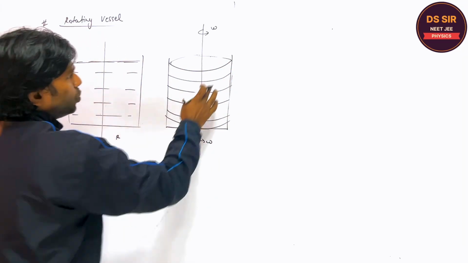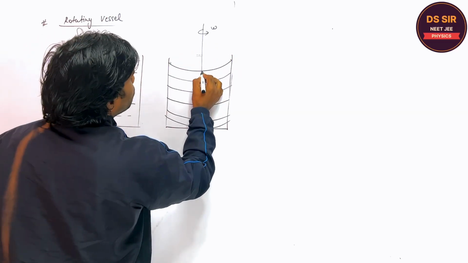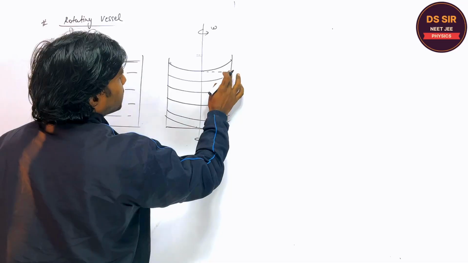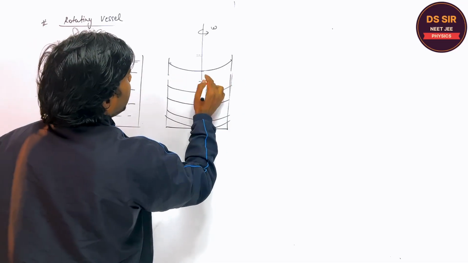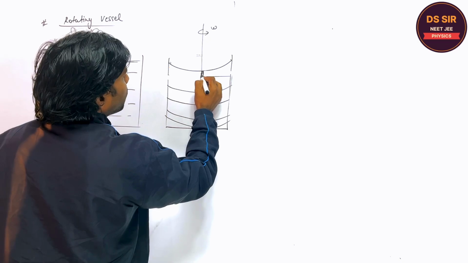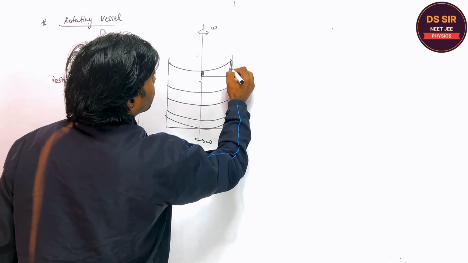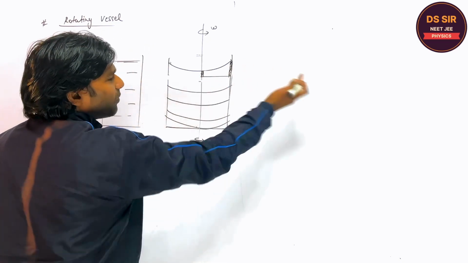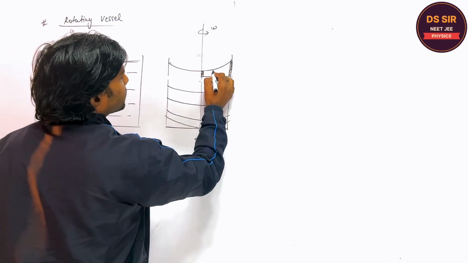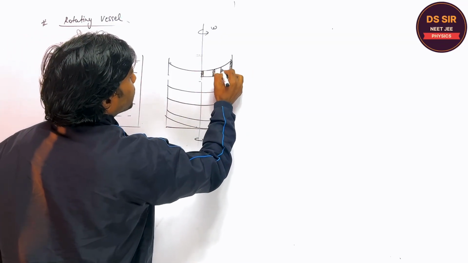Right? So you tell me, if you consider this line, this is H and this is H1. As you move away from the center or the axis, the height is increasing.